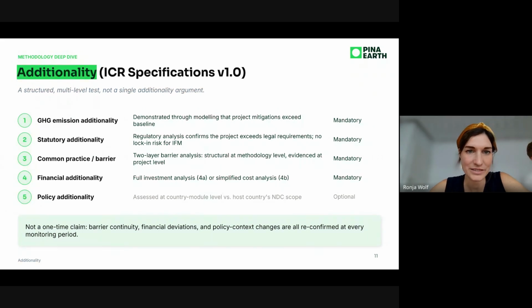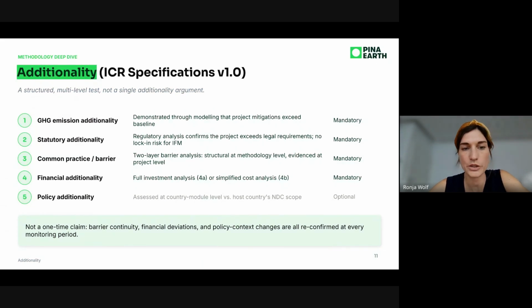So the greenhouse gas emission additionality is basically just testing if the project genuinely cuts emissions. And that is, of course, easily demonstrated through quantification results by comparing the baseline and the project and making sure that there's actually a positive delta. The statutory additionality tests if the project goes beyond what law already requires, and there are 2 levels here that are assessed.